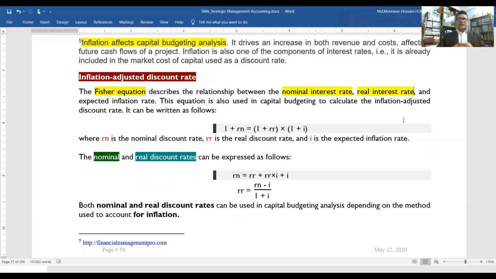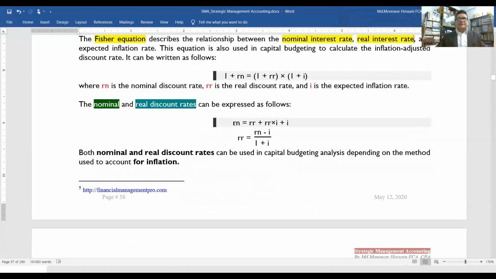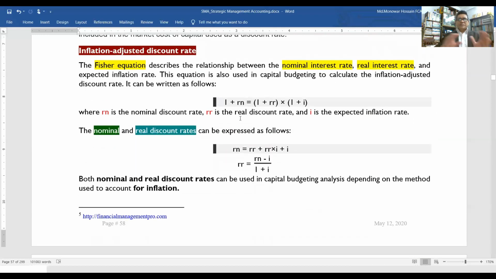So it can be written as (1 + Rn) = (1 + Rr) × (1 + i). Here Rn is the nominal discount rate, Rr is the real discount rate, and i is the expected inflation rate.